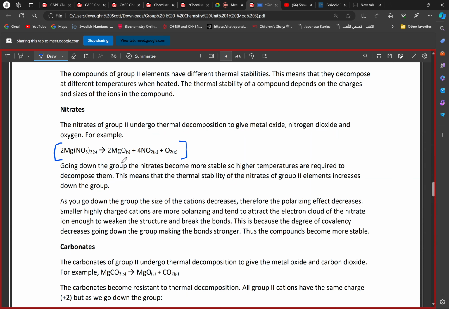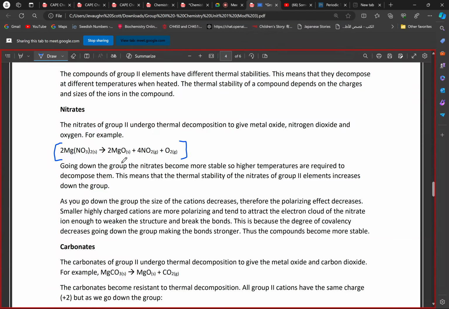So as we go down the group, the size of the cations themselves decreases, right? Therefore, there's a polarizing effect that occurs. The smaller, highly charged cations are more polarizing and tend to attract electron clouds of the nitrate ion enough to weaken the structure and break the bonds.